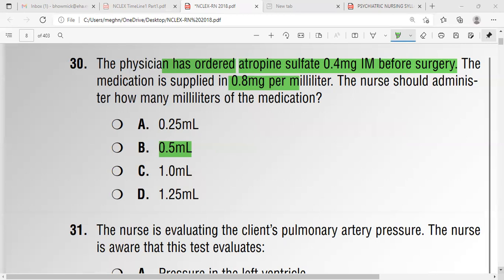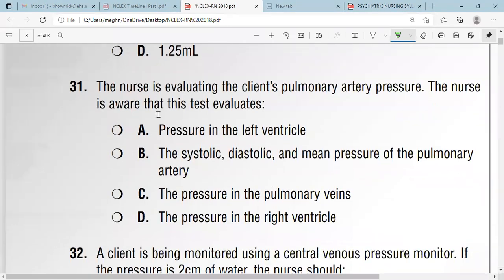What next? Next here, the nurse is evaluating the client's pulmonary artery pressure. The nurse is aware that this test evaluates what, right? So number A, pressure in the left ventricle.